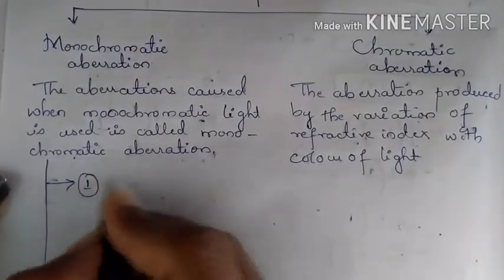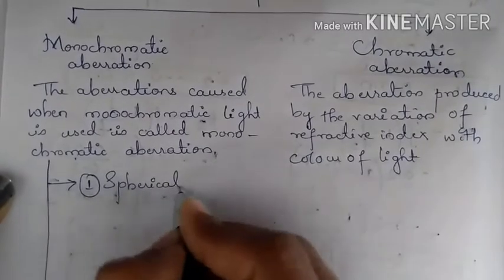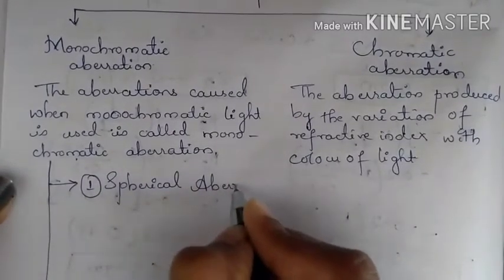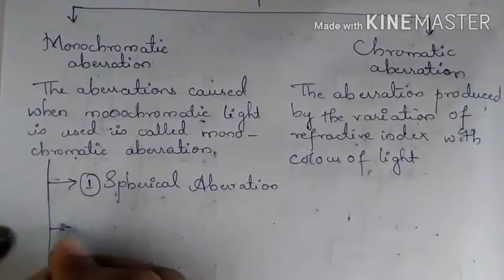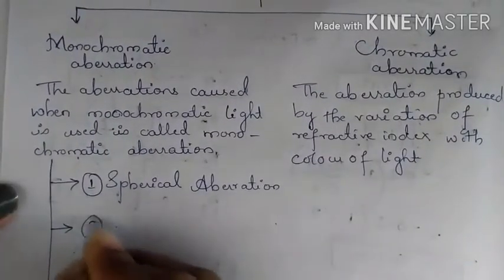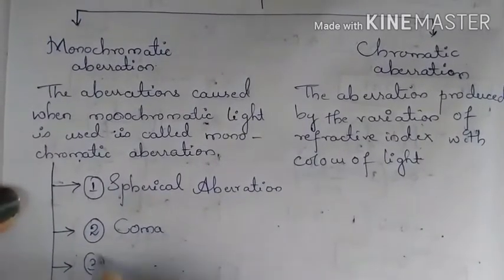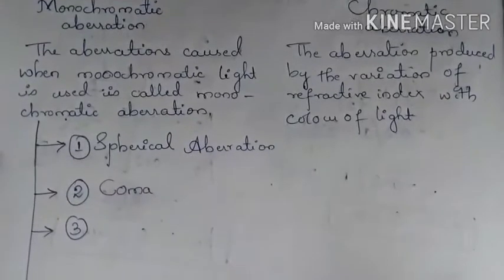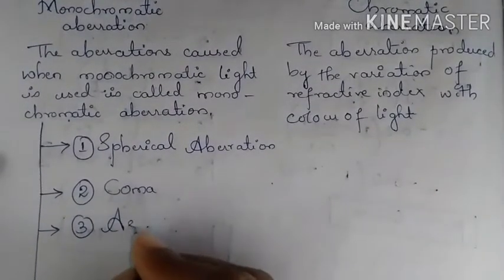The first one is spherical aberration, the second one is coma, and the third one in monochromatic aberration is astigmatism.